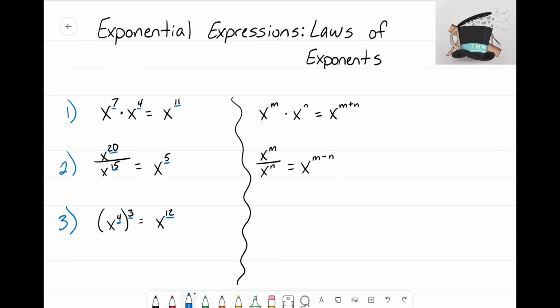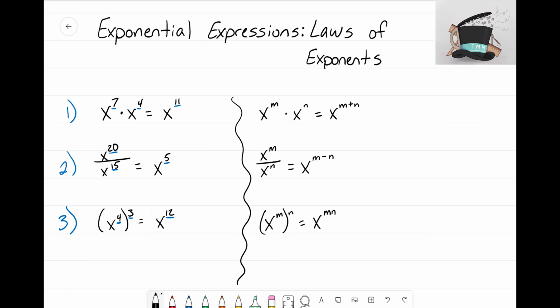Because I have 3 sets of 4 x's, I'm just doing 3 times 4, which gives me that 12. Let's go ahead and generalize this one as well. We're going to have x to the m power to the n power. If that ever pops up for you, all you have to do is take those exponents and just multiply them. m times n.